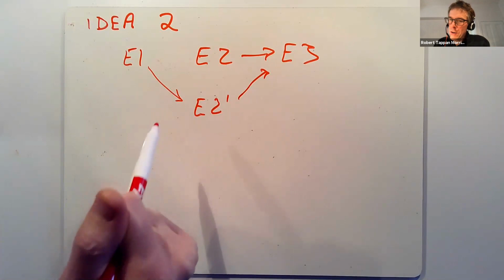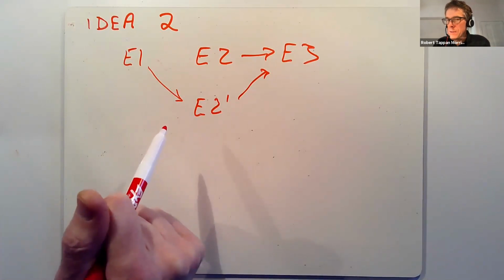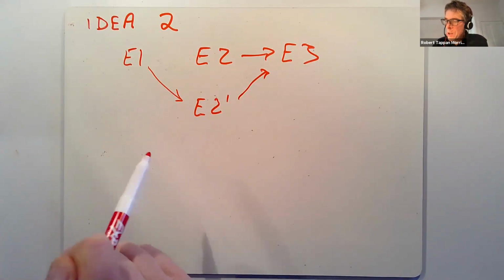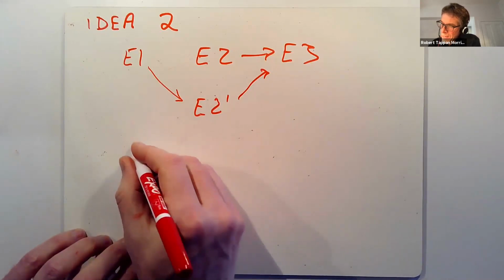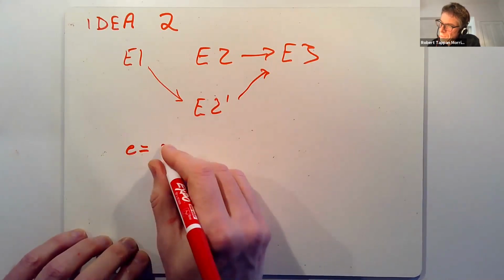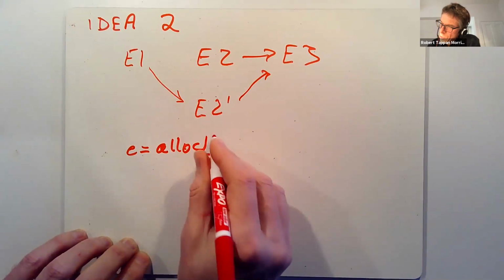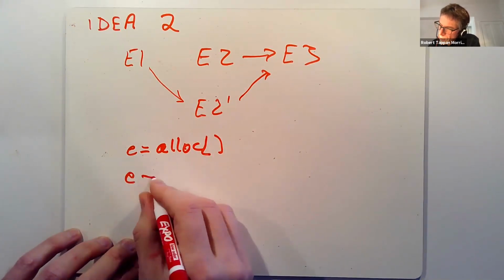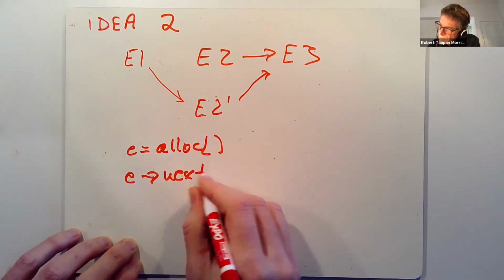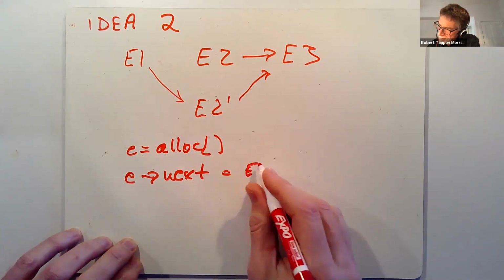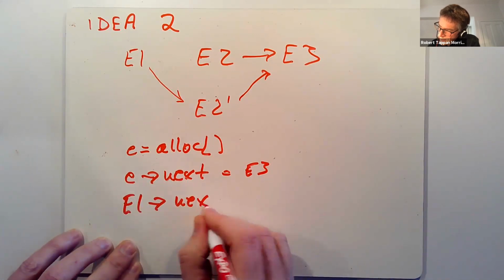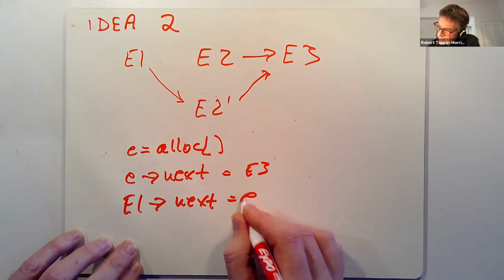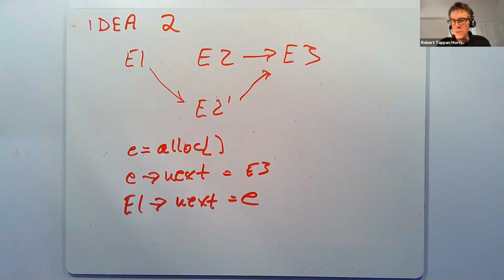The compiler and the hardware, basically all compilers and many microprocessors, reorder memory operations. So if we allocate a new element and we just wrote this C code, E arrow next equals E3, and then E1 arrow next equals E, this is not going to work reliably.